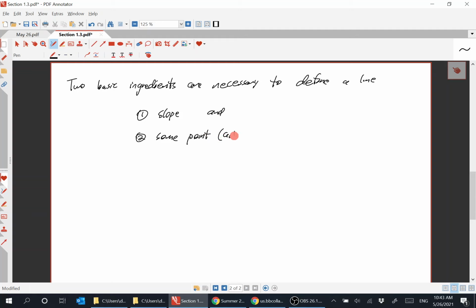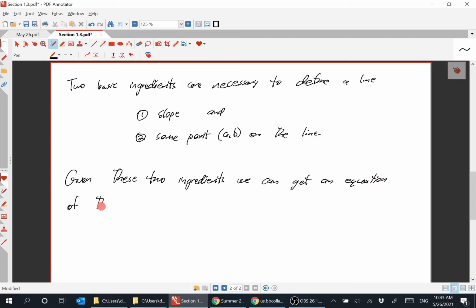So we'll call it, say, A comma B. Given a slope and a point on the line, you can get an equation of the line. Given these two ingredients, we can get the equation of a line.